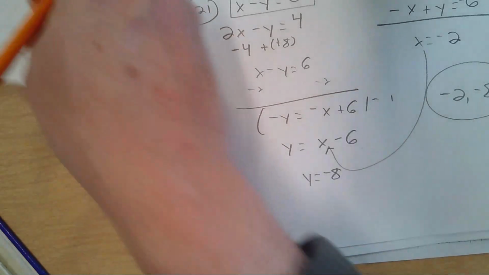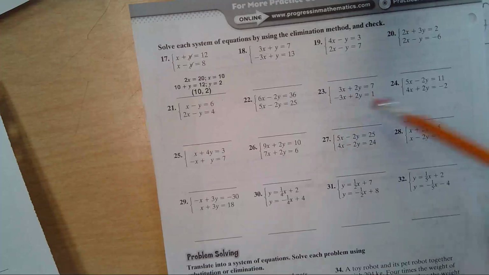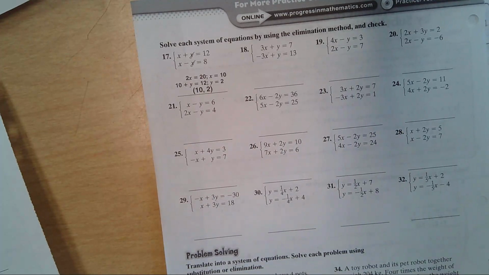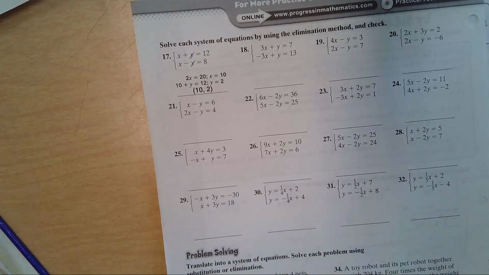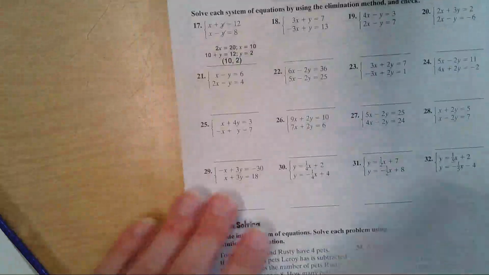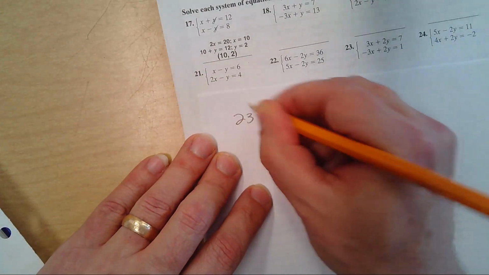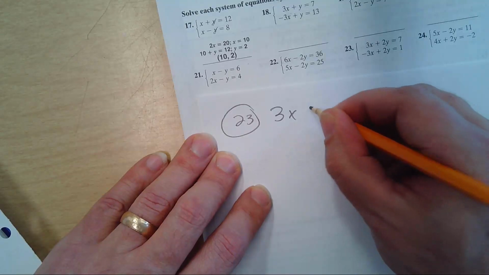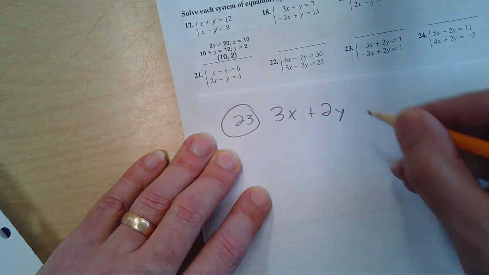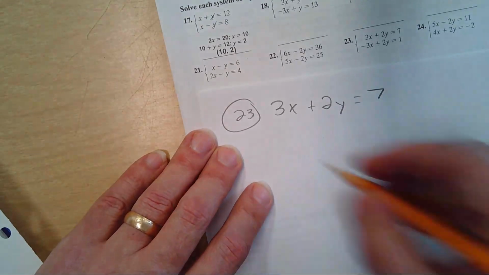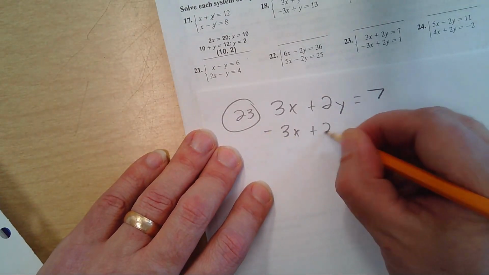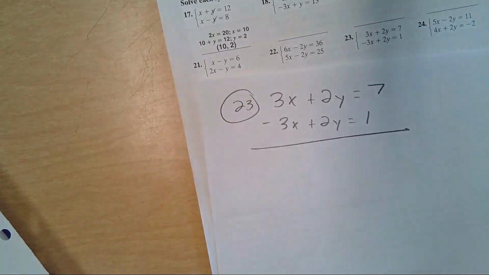Let's see. Do we got a good adding one here? Adding, of course, is a little easier. 23. There we go. There's an adding one there. It's all set for you right now. You don't have to mess around with the signs, reverse everything. This one's awesome. As easy as it's going to get. So since I already have a 3x and a negative 3x, if I just add these together right now, I should be able to figure out what y is without too much struggle.